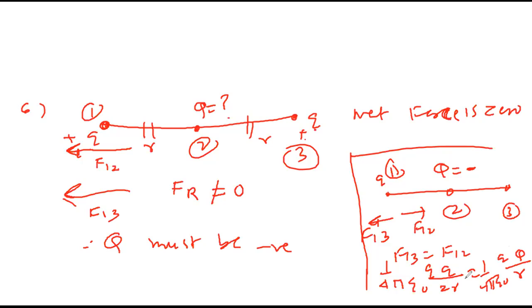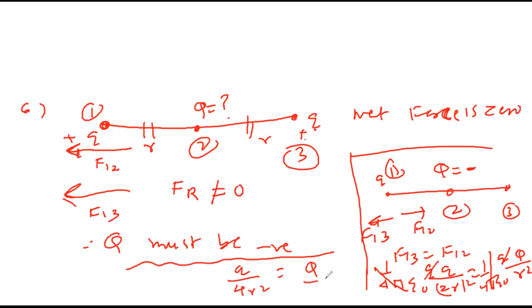So this will be 2R square, R square. I can cancel 1 upon 4 pi epsilon naught, and I can cancel small q from both sides. So finally I get Q upon 4R square is q upon R square. Therefore Q will be q by 4.